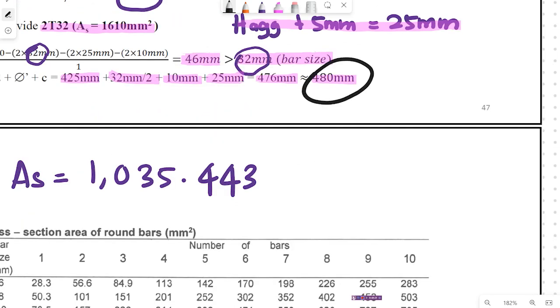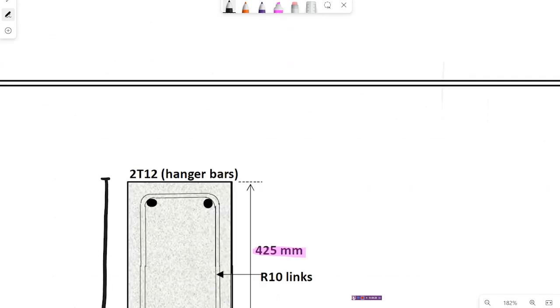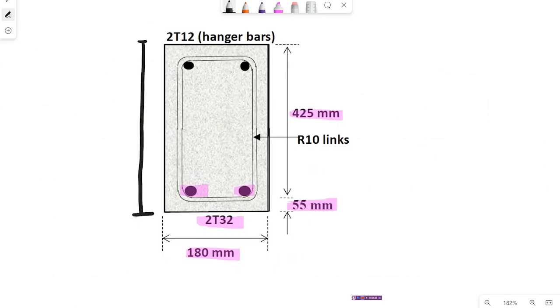480 ni dia. So 480 you minus je dengan 425, you akan dapat this 55. Tapi kita tak perlulah nak tulis total height di sini. It's okay, just that one untuk you faham lah how actually I get this 55. And we have the assume link ataupun shear reinforcement, which is mild steel.